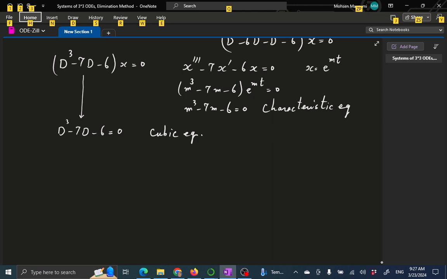But here we resort to something from college algebra referred to as the rational root theorem.